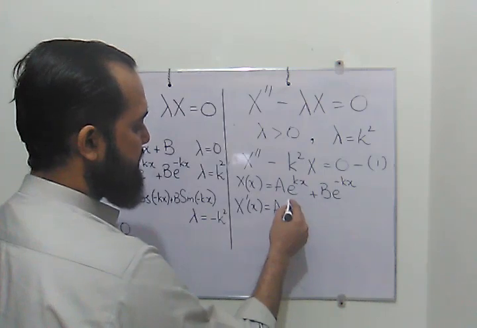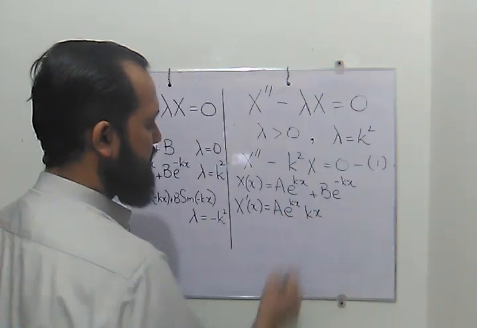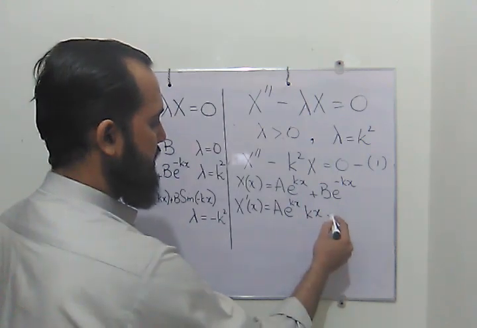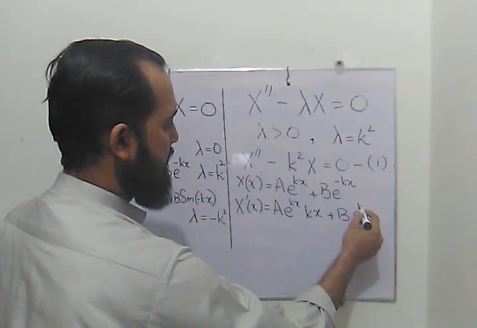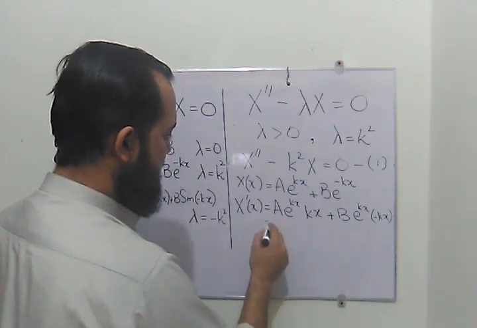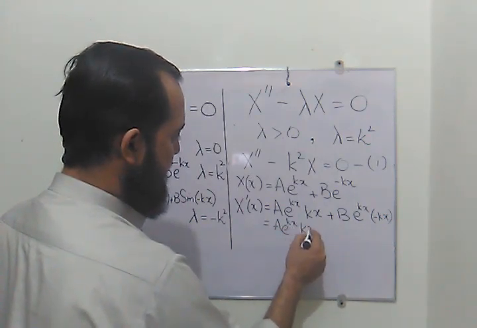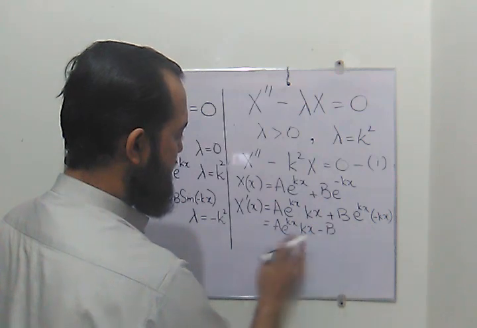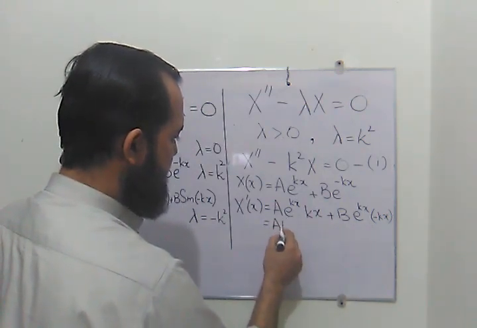The derivative of the exponential would be this, and here we have b exponential minus kx into minus k. This takes the form a e to the kx into k minus b, or we can take the constant outside.